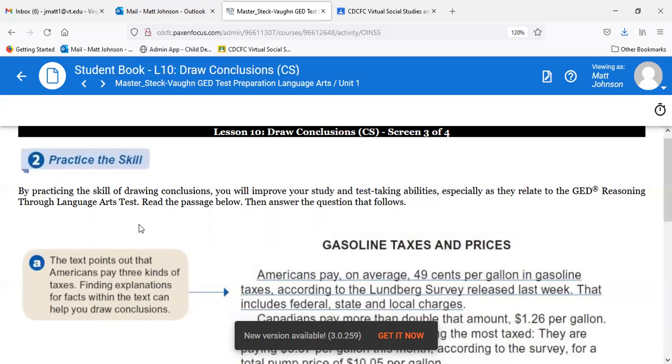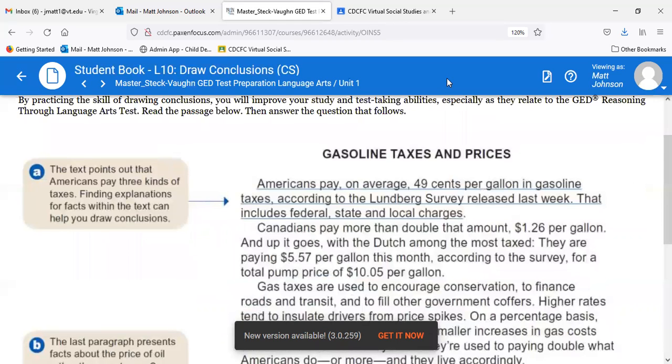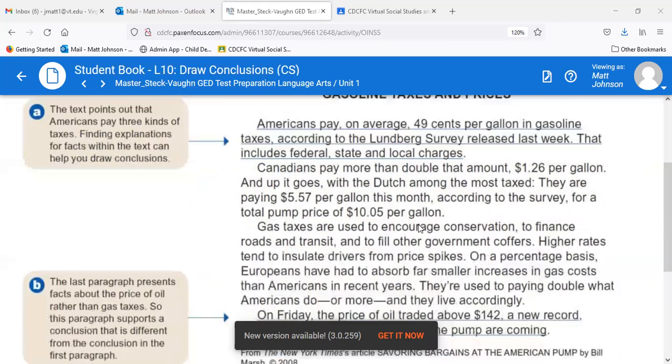So it says gasoline taxes and prices. So Americans pay an average 49 cents per gallon in gasoline taxes, according to the Lundberg survey released last week. That includes federal, state, and local charges.